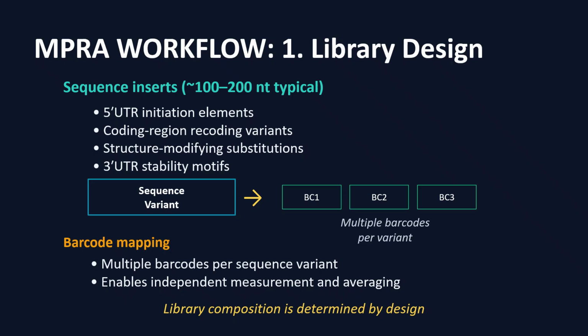This barcode acts as an independent reporter of that variant's activity. When sequencing readouts are collected, measurements from multiple barcodes can be averaged, right?